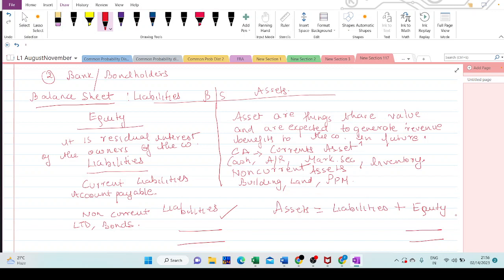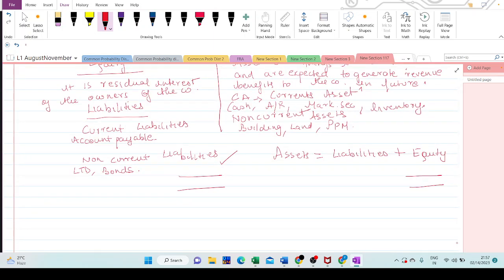If this is not the case, then you have missed recording some transaction, or you have made some mistake in reporting a particular transaction. Please note this down: if the asset and the liability side totals are not equal, then you have made a mistake in reporting some transaction.